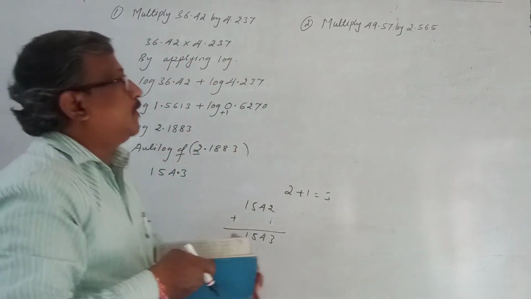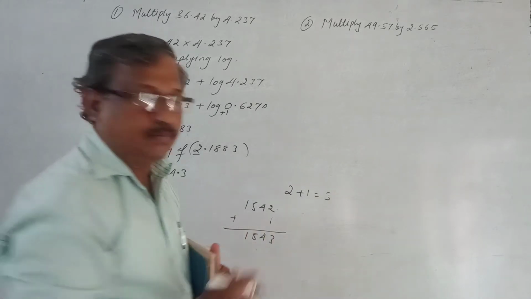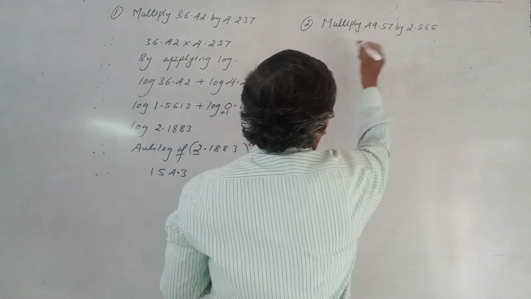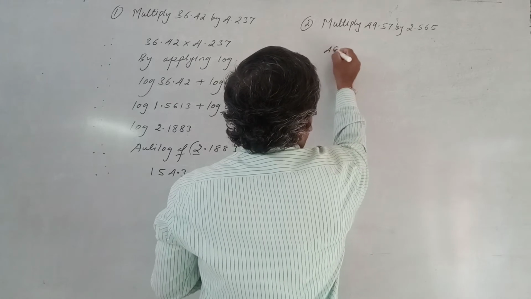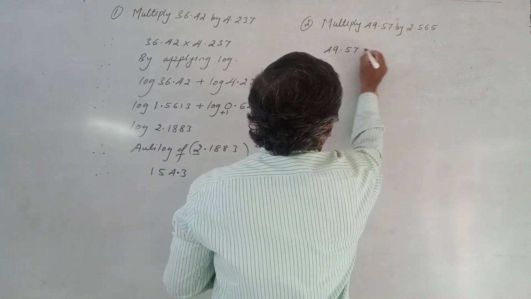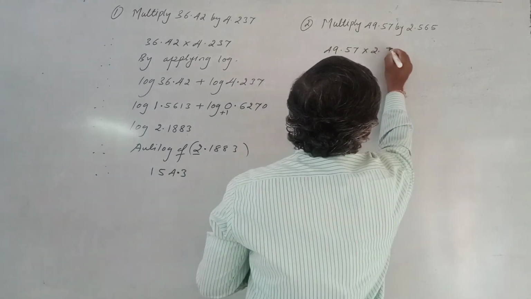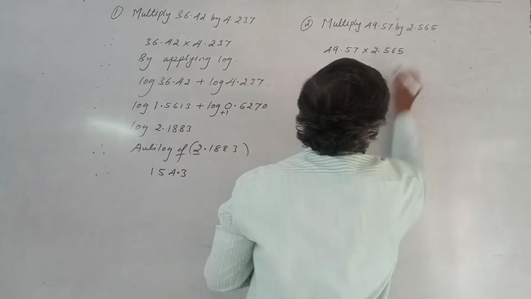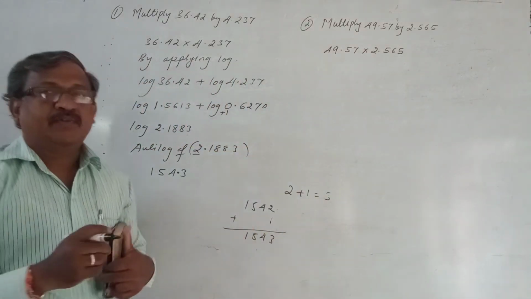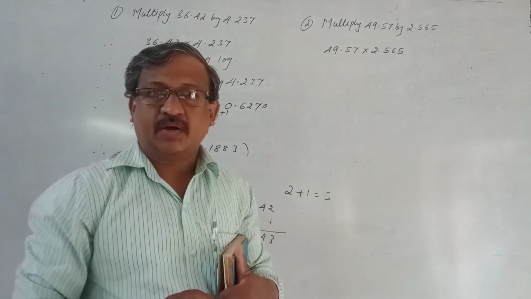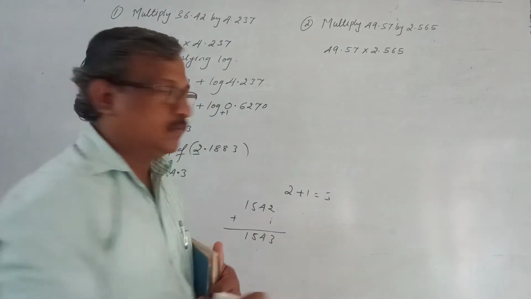So again let's multiply these two numbers by using the logarithm. Again I will rewrite the problem. That is 49.57 into 2.565. Whenever you want to multiply by using the logarithm, logs always we have to add.